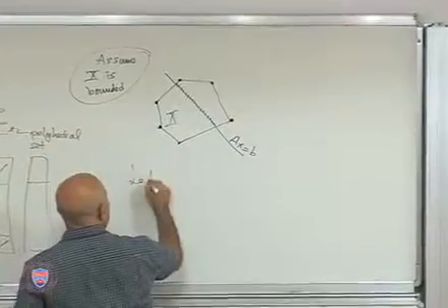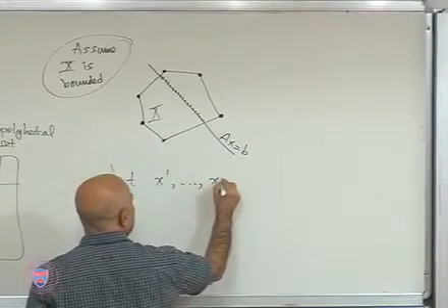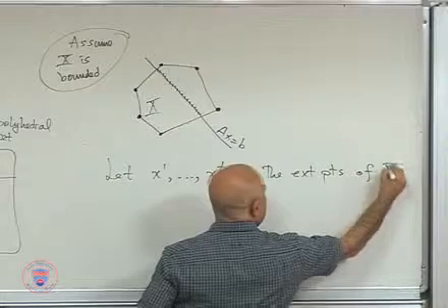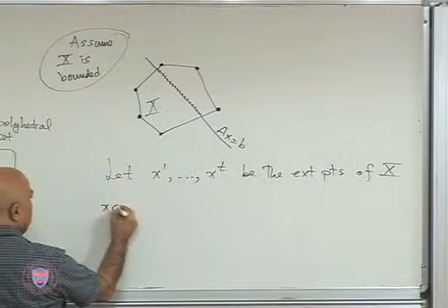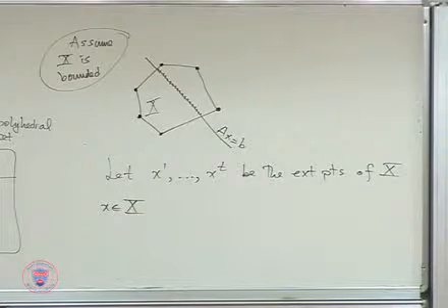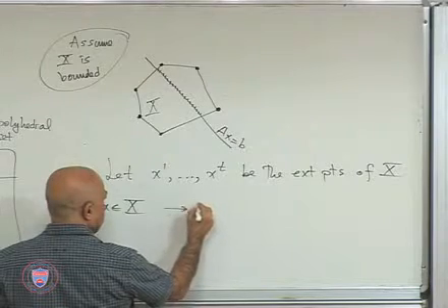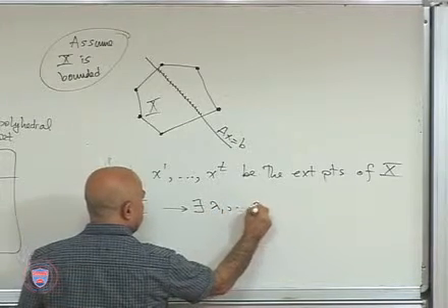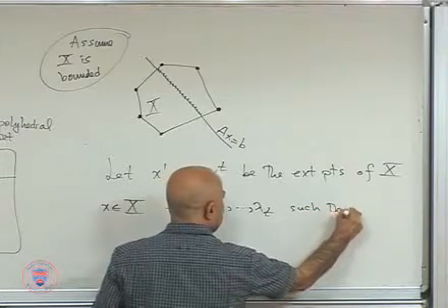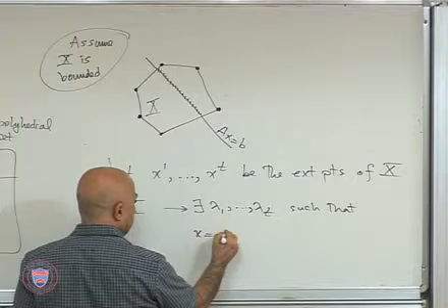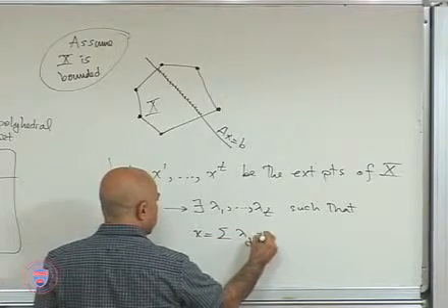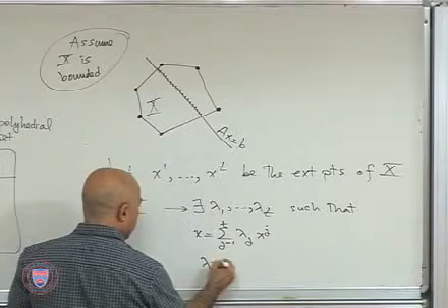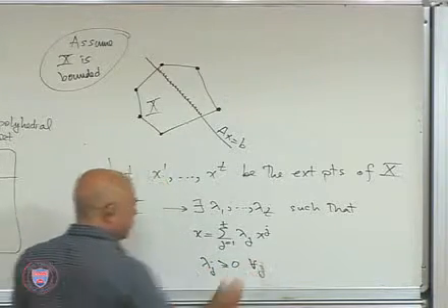So let, for example, x1 up to xt be the set of extreme points of X. And then for any point x in the polyhedral set X, we have multipliers lambda 1 up to lambda t such that x is equal to the sum of lambda j times xj, j going from 1 to t, with lambda j's being non-negative for every j going from 1 to t.